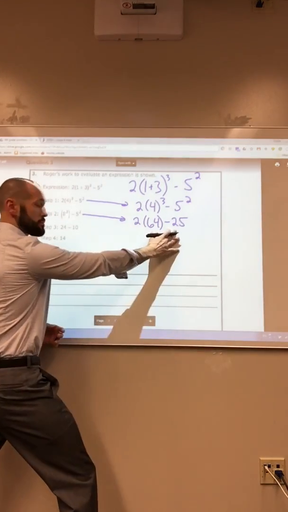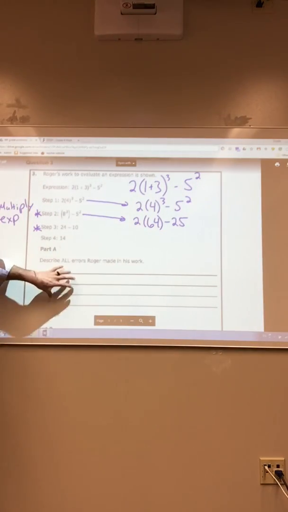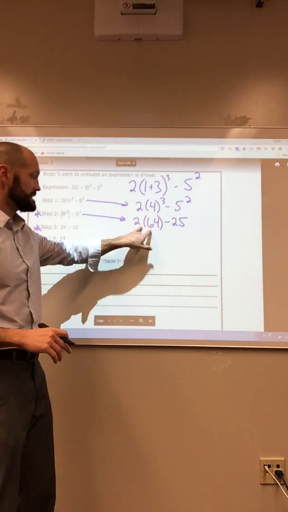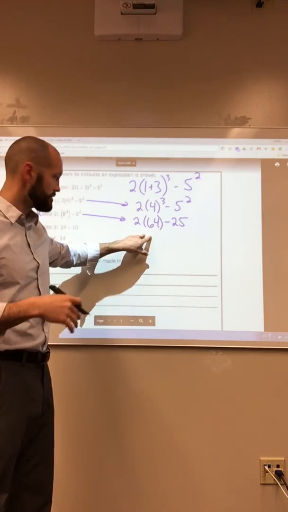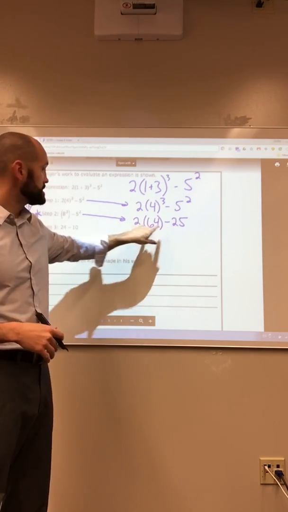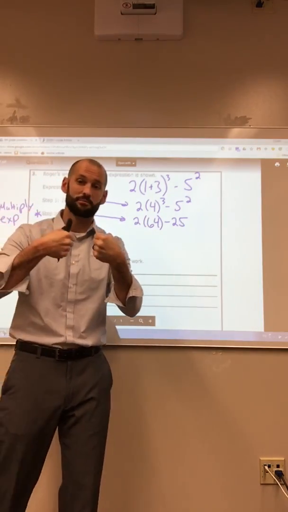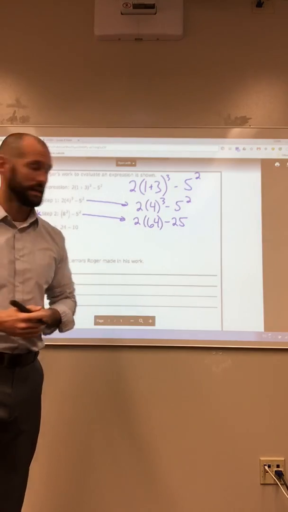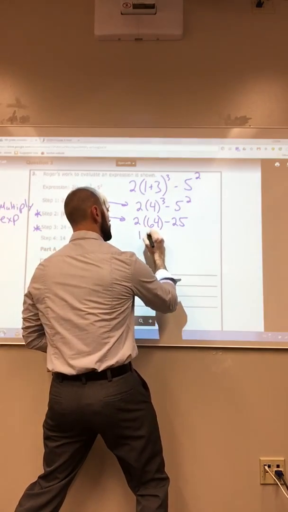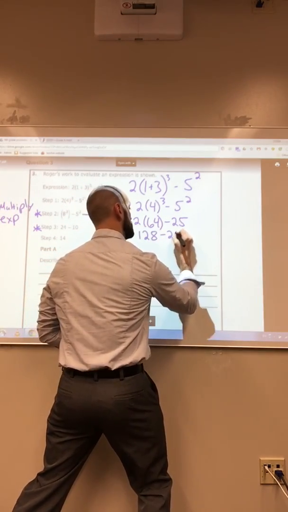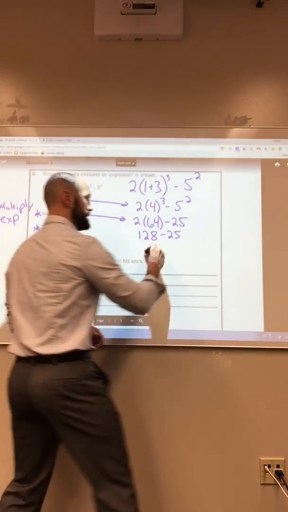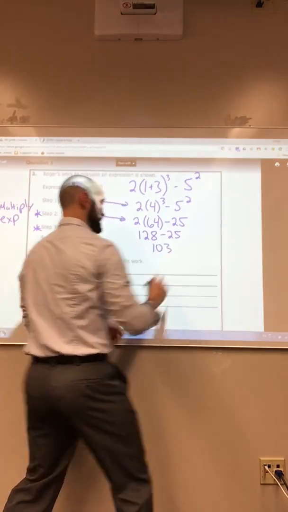So let's finish our problem out and then come back and state his mistakes. So at this step, I'm still doing PEMDAS, order of operations. That's subtraction. When two things are smooshed right next to each other, right outside the parenthesis, we're going to be multiplying. So this would give me 128, which gives me a final answer of 103.